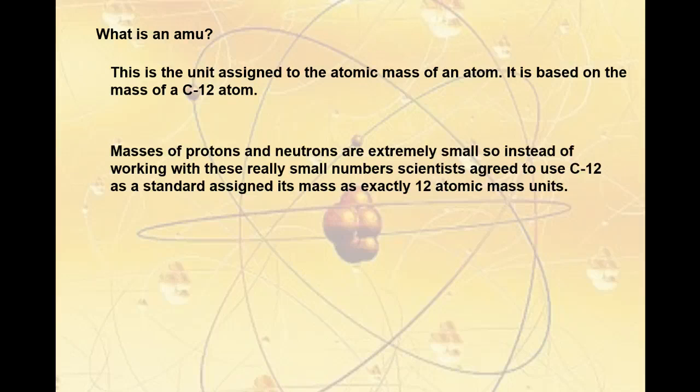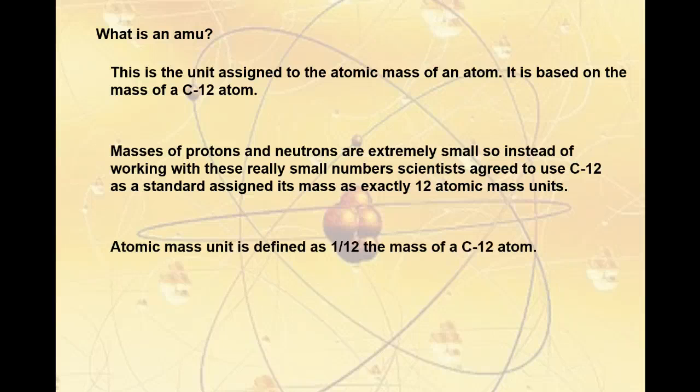The masses of protons and neutrons are extremely small, so instead of working with those really small numbers, scientists agreed to use carbon-12 as a standard and assigned its mass as exactly 12 atomic mass units. So all of the other elements are kind of based off of that carbon-12 atom. So the atomic mass unit is defined as 1/12 the mass of a carbon-12 atom.